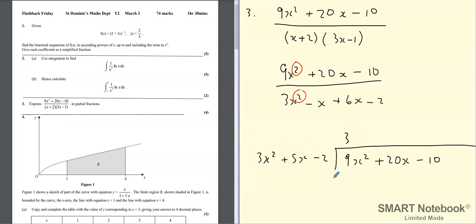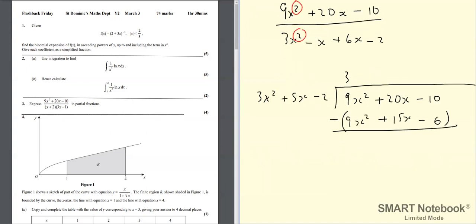Well, this is 3 times: 9x squared plus 15x minus 6, and subtract. So this is 0, this we get positive 5x, minus 10 minus 6 is minus 10 plus 6, which is minus 4.